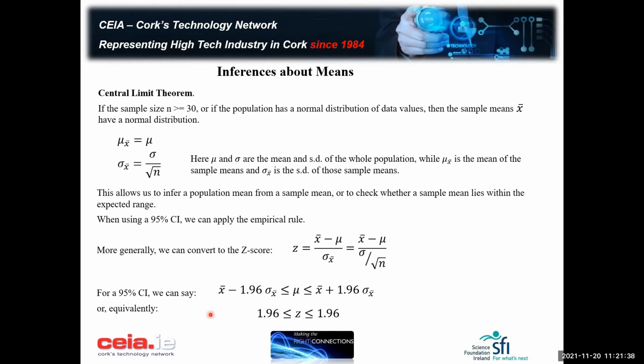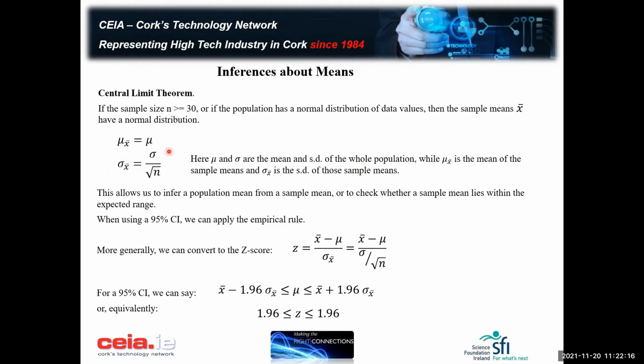The central limit theorem says that if you've got a suitable sample, which means that your sample size is large enough, or if the original population had a normal distribution, and in most cases they'll tell you that it has, then these X bars have a normal distribution, which means you can talk about their average and their standard deviation as usual.